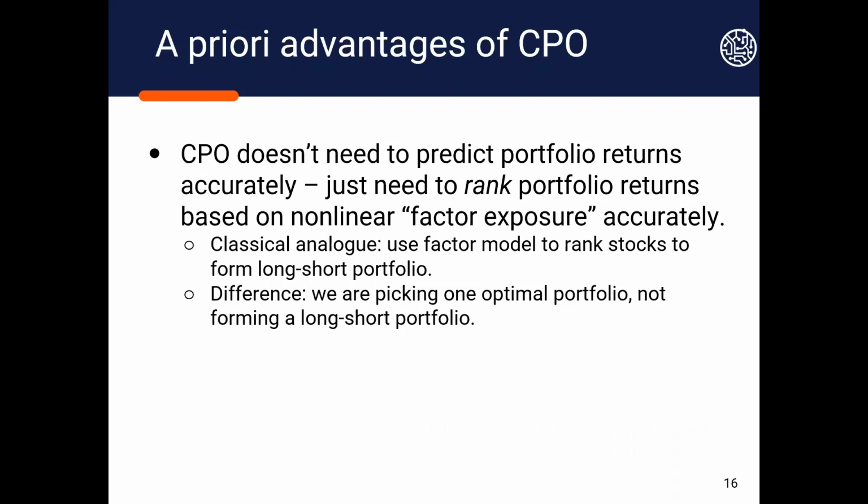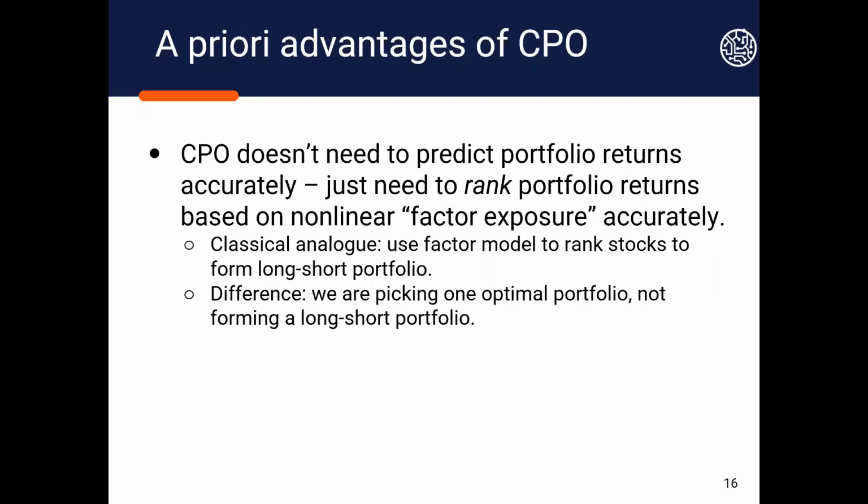We only need to accurately predict the rank. We only need to rank the portfolio returns accurately. We do not need to predict them accurately. And there's also a classical analog of this, where only ranking is needed and not actual magnitude prediction. That is where people would use a factor model to rank stocks to form a long-short portfolio.